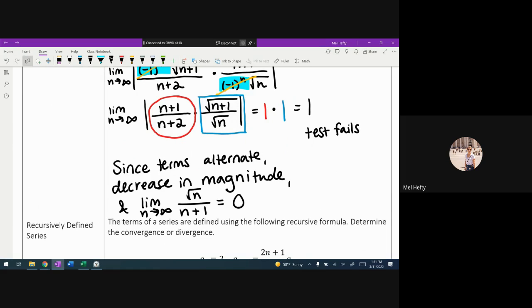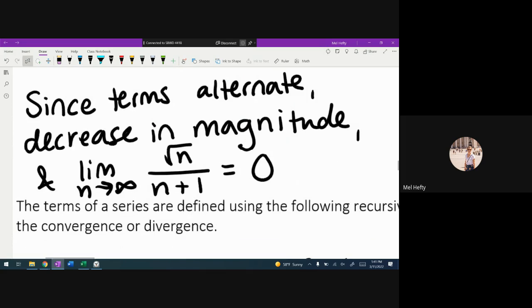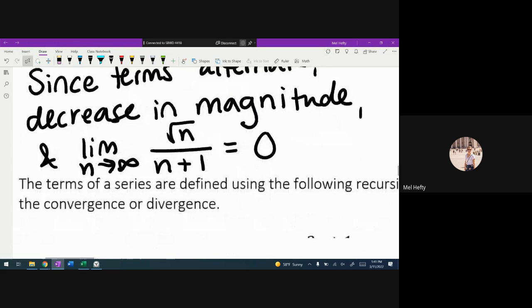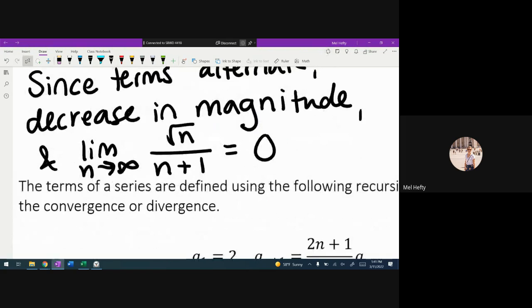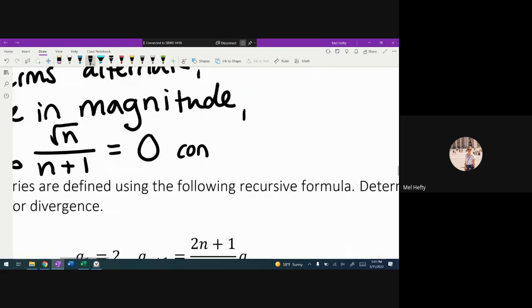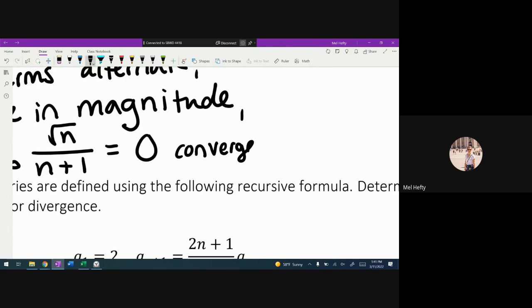Which one has a bigger power? The bottom. So does this limit equal 0? Because we're doing a different test altogether. All right, so this guy, do you agree that limit equals 0? All right, so this guy now converges by alternating series test.